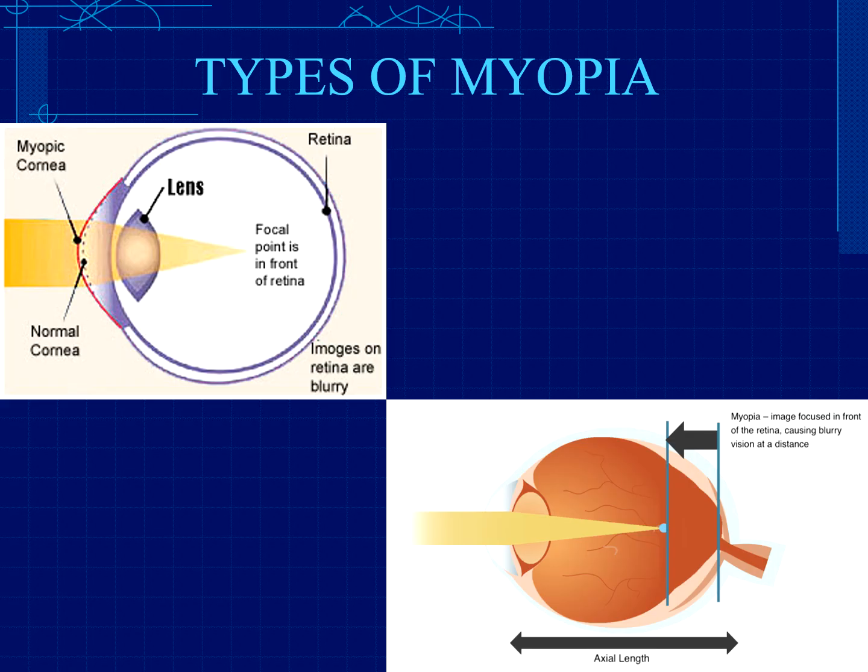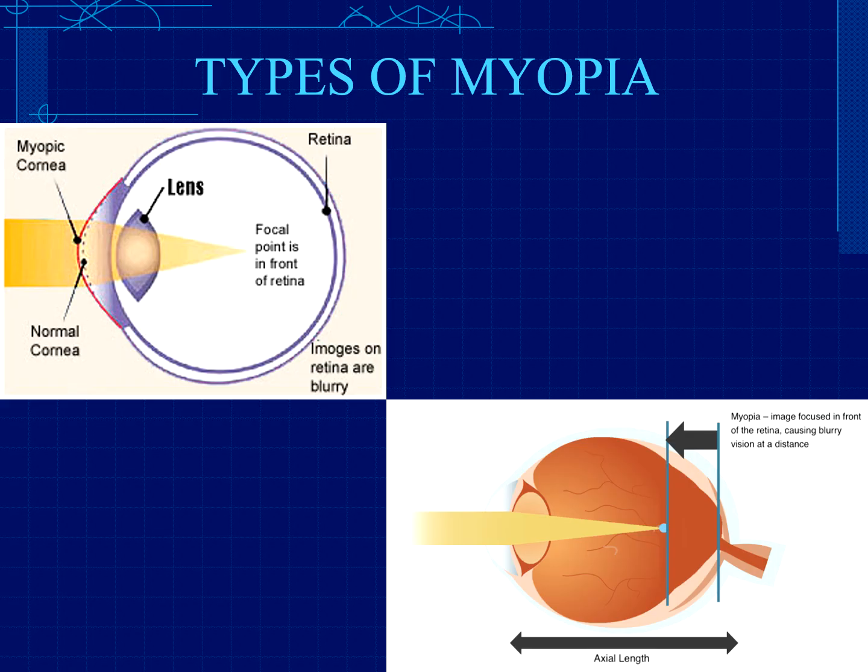You can see that in the myopic cornea, the curvature of the cornea is increased. It means that the cornea in the myopic eye is steeper, or the curvature is more than in a normal eye. It means that the power of the cornea increases and the refraction of the rays is greater in the myopic patient.